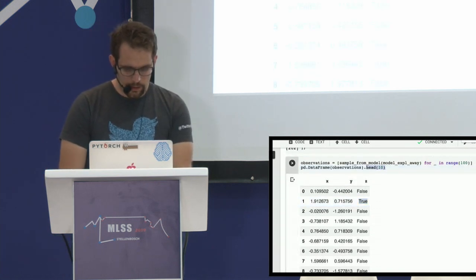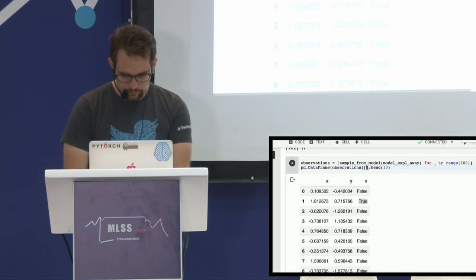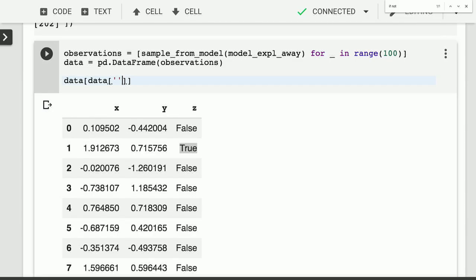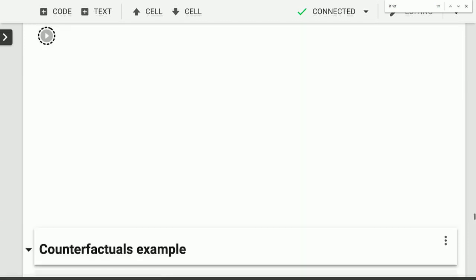So I'm just going to call this data. And then I'm going to say data where z equals true.